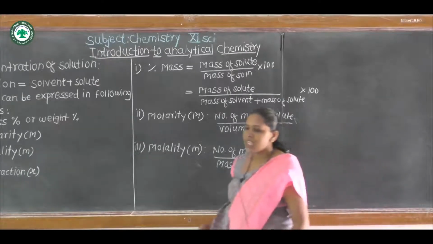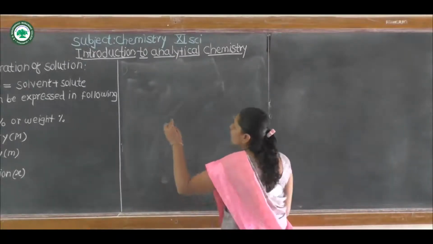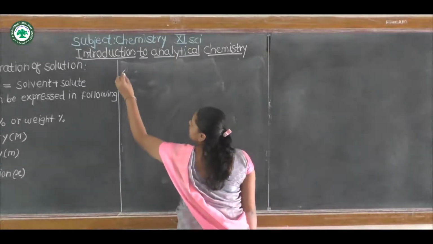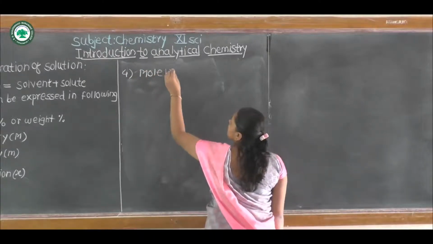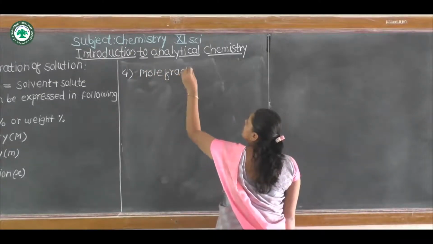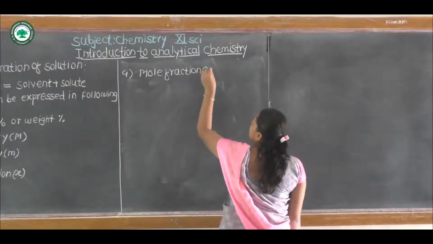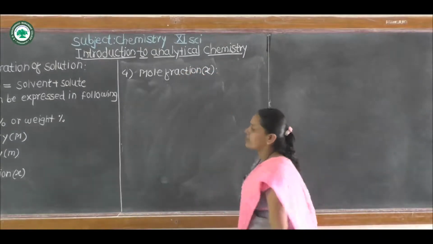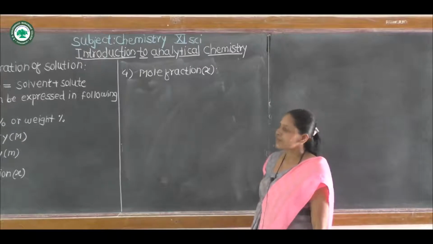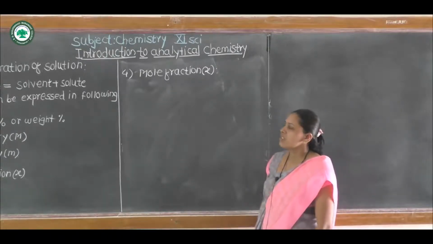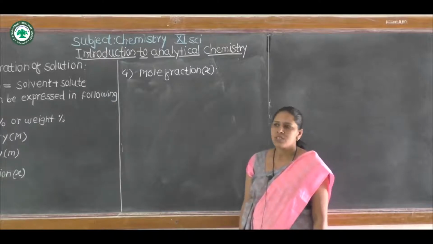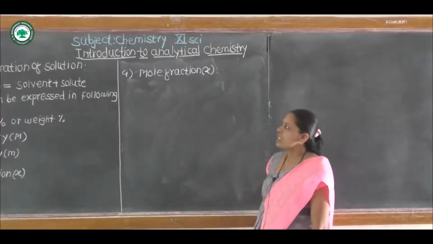Then fourth one is mole fraction. It is denoted by X. How to calculate mole fraction? For a binary solution, it consists of solute and solvent.